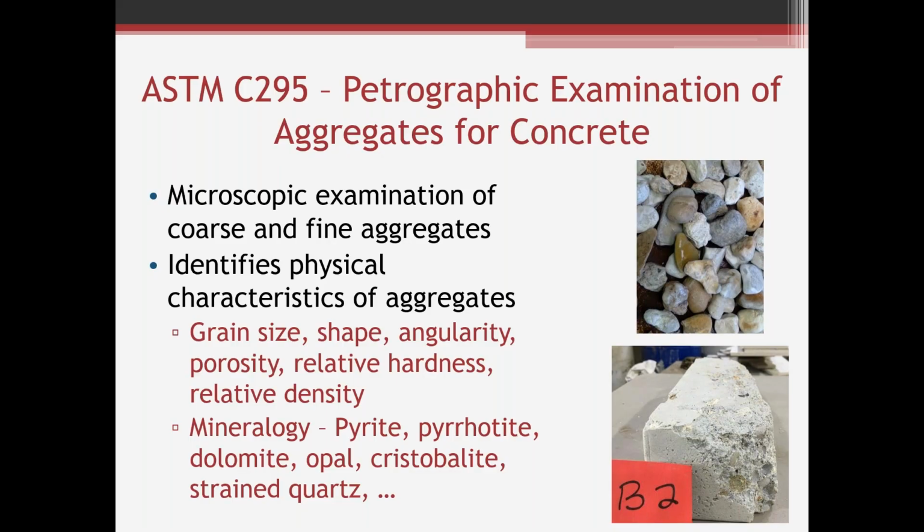So rather than doing a whole bunch of different performance tests, if you've got an aggregate source, coarse or fine, that you're not sure is going to be viable or not, maybe the first step is to do petrographic examination rather than spend what could be $3,000 to $5,000 on all these different performance tests between ASR and freeze thaw and some of the other ones.